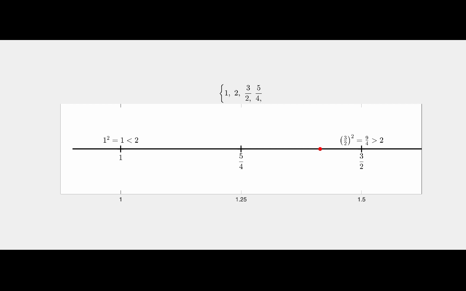What about 5 quarters? Well, 5 quarters is not enough, right? 5 quarters squared is less than 2. So that means the square root of 2 has to be between 5 quarters and 3 halves. So while we haven't yet arrived at the square root of 2, we're closer. In fact, we're within a quarter interval.